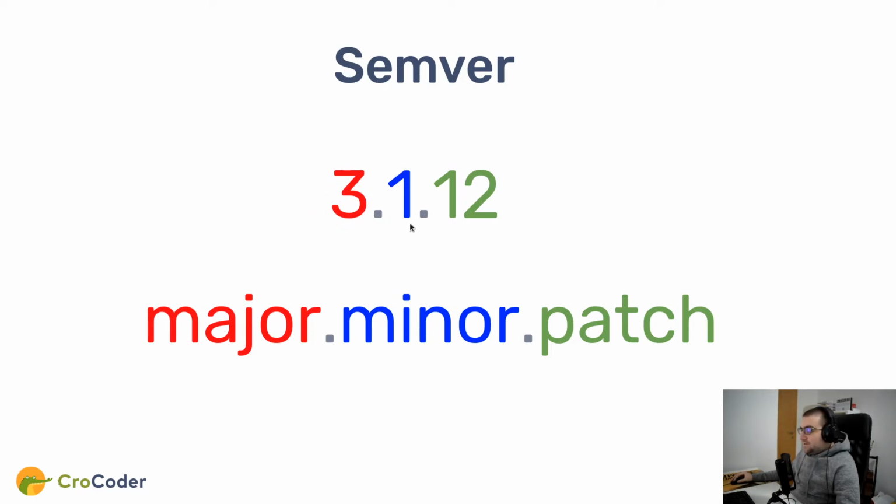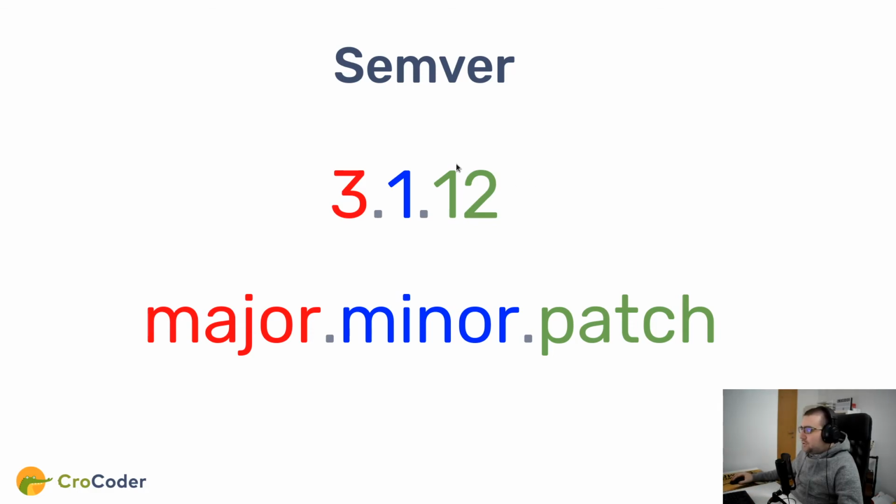The other one is a minor version. Every time we want to push something to production or to our client, we actually bump our minor version. So minor version means that version 3.1.something and 3.0.something have some changes in there. They're pretty noticeable. We maybe created a new feature or something like that, but it's nothing breaking.